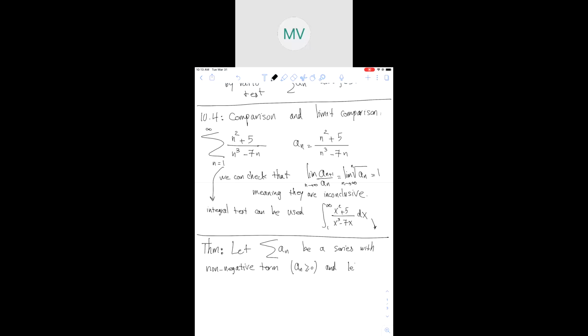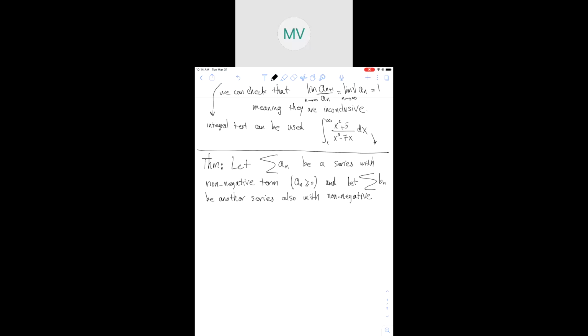And let sigma b sub n be another series also with non-negative terms. Same thing, b sub n bigger than or equal to 0.